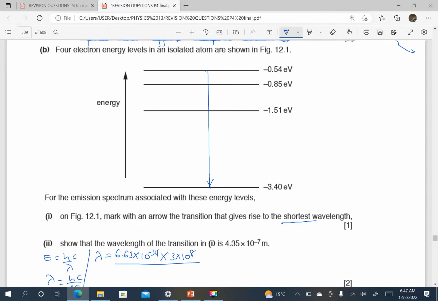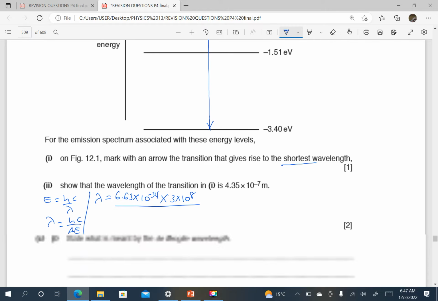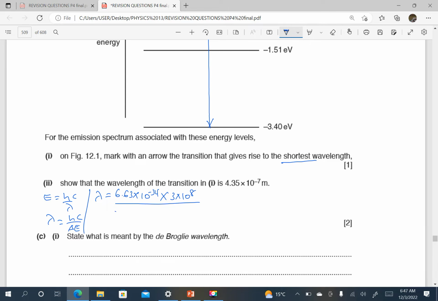Energy is from negative 0.54 to negative 3.4, so I'll have negative 0.54 minus negative 3.4, or 2.86. These energies are in electron volts, so I will multiply this by 1.6 times 10 power negative 19 to change those energies into joules. I'll just press my calculator.